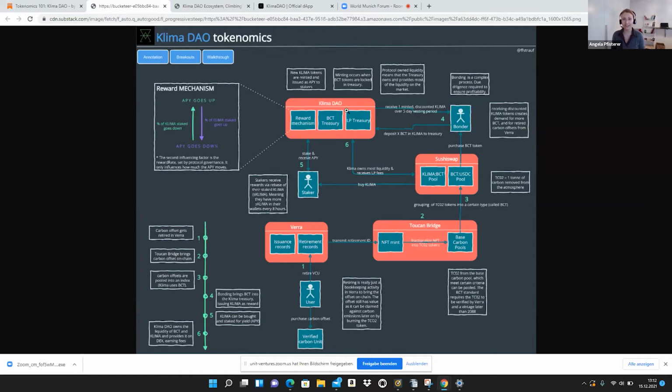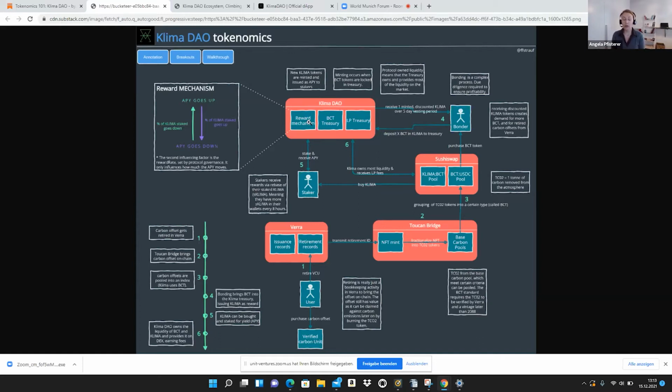The carbon offsets are already existing in the real world. It's a market that's already been in place for years, for decades. And KlimaDAO uses the voluntary market of carbon offsets currently. There might be changes, but currently it's a voluntary market, and carbon offsets have a price. So that is the interesting part for me in KlimaDAO, that we have a currency that is backed by something that has a price in the real world, and these are the carbon offsets.